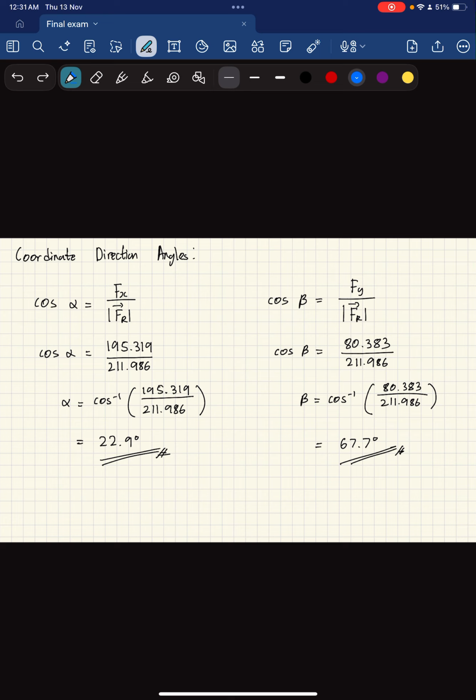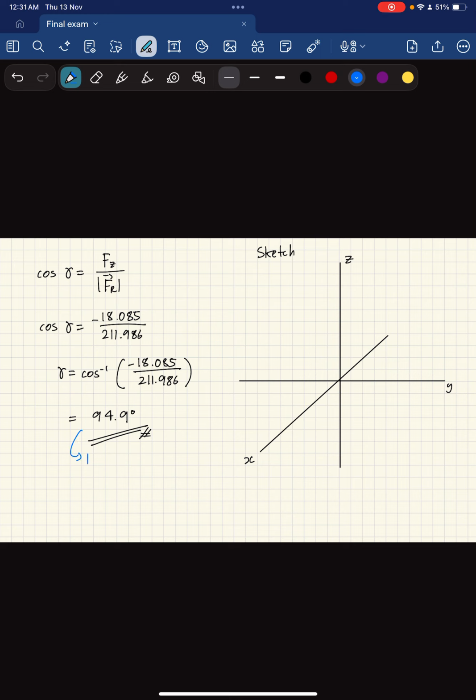In this case, our angle with respect to the positive x-axis is 22.9, then with respect to the positive y-axis, and with respect to the positive z-axis. With that being said, let's begin drawing.